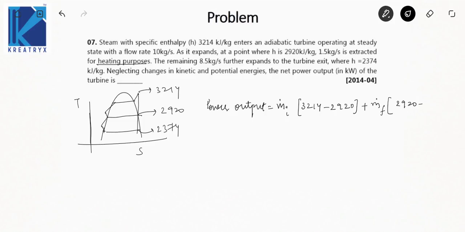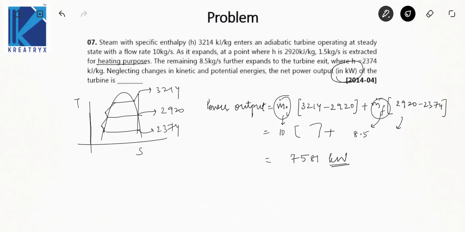This will be 2920 minus 2374. This will be the net power output. M dot I is 10. Solve it. Plus m dot F is 8.5. Solve it. You will get the answer as 7581 kilowatt. You have to find the answer in kilowatt. Okay, next question.